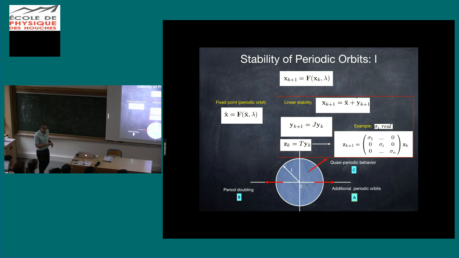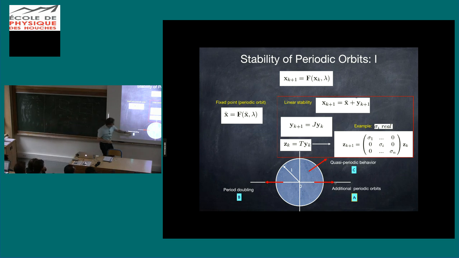And then there are 3 possibilities of destabilizing it. So one is there's an eigenvalue here which crosses the unit circle along the real part, and it gives you, for instance, a transcritical bifurcation or a pitchfork or a saddle node of a periodic orbit. Right? So you see a periodic orbit making a curve, like a saddle node.